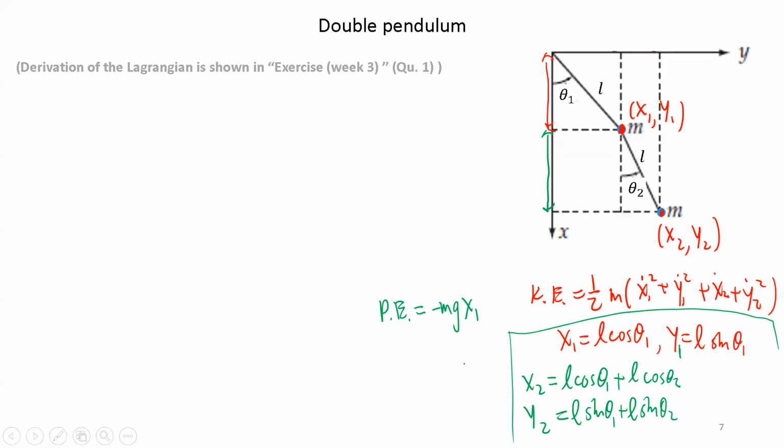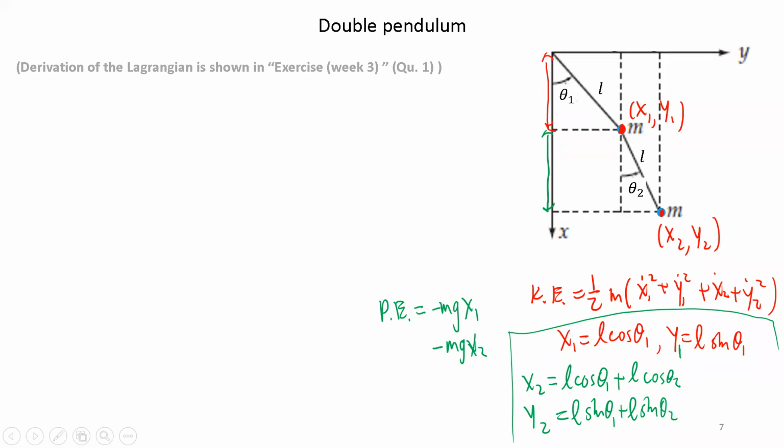Because now we consider the downward direction to be the positive direction. Right, so that's why the potential energy is minus mg x1. And then the other one is minus mg x2. So again, you just need to express this x1 and x2 in terms of theta.